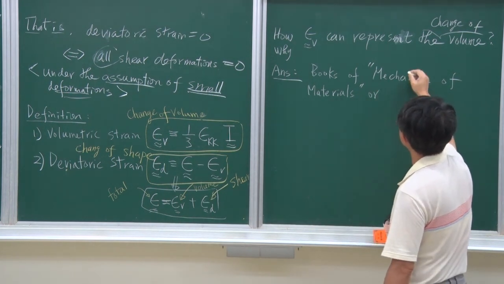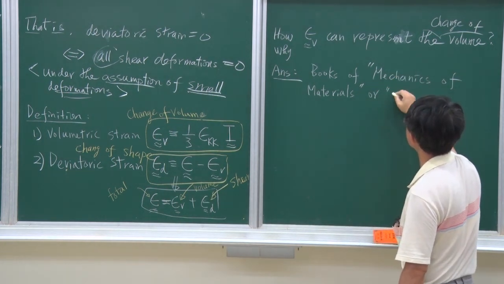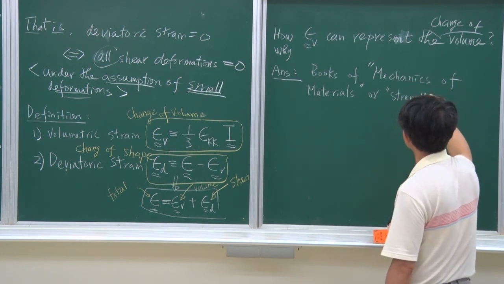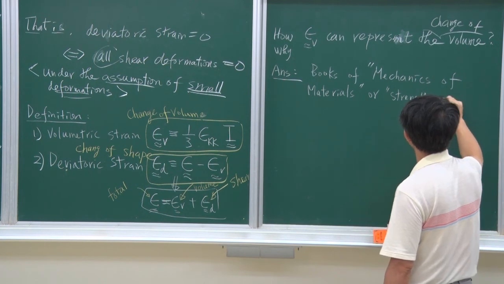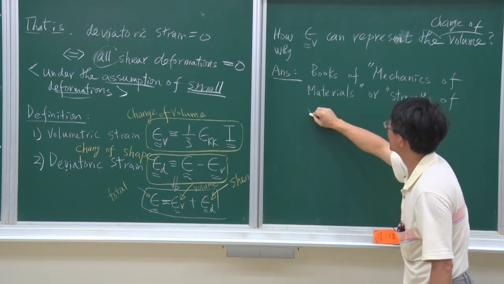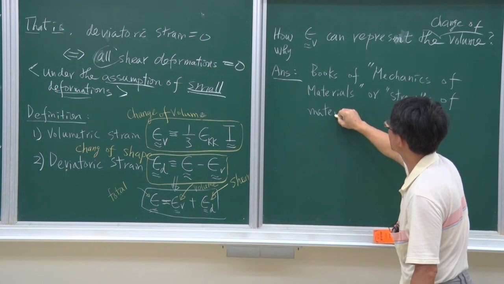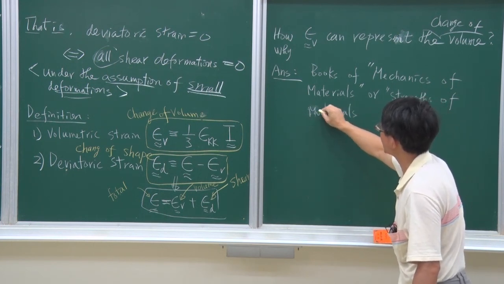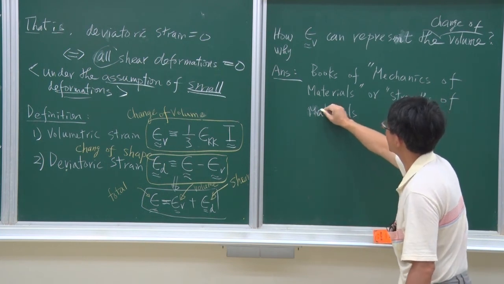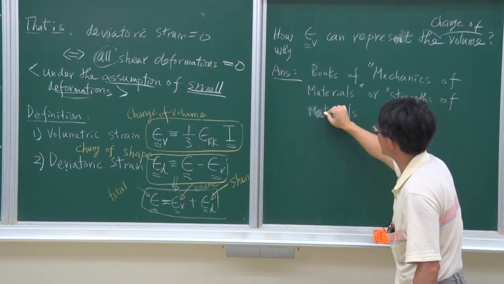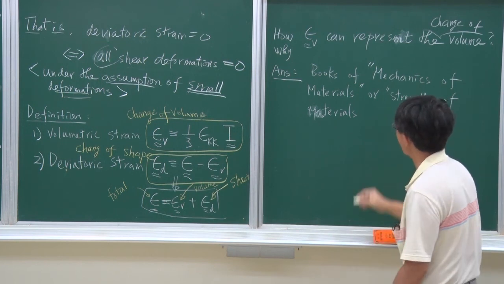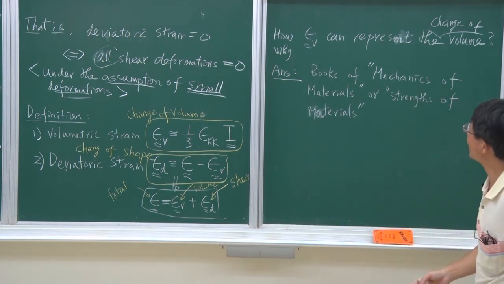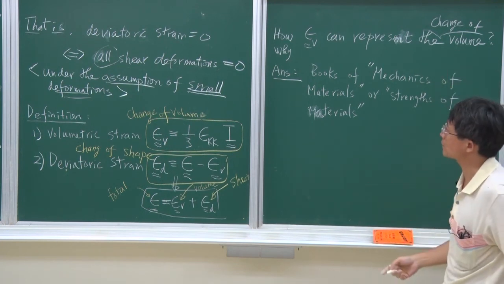Sometimes they don't call it mechanics of materials. They call it the strength of materials. I remember that the book by Timoshenko had this name, strength of materials. Look at the book and then find the keyword volumetric strain.